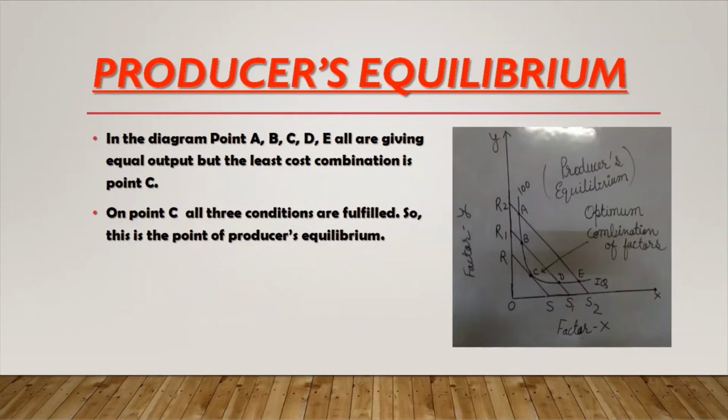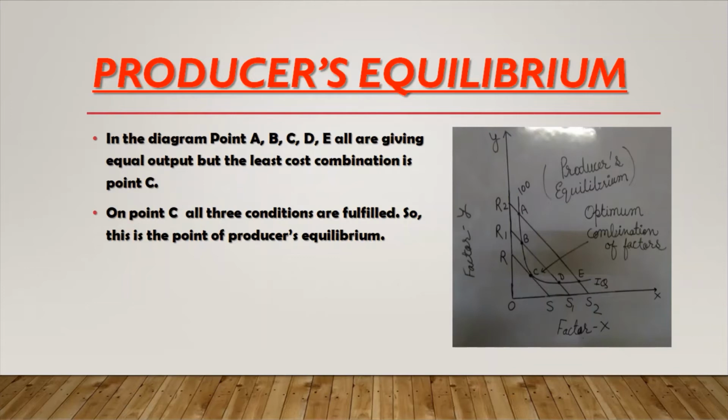As you can see in the diagram, there are 5 points A, B, C, D, E. All are giving an equal amount of output, but if the producer has to produce 100 units of production, he need not go on factor price lines R1S1 and R2S2.